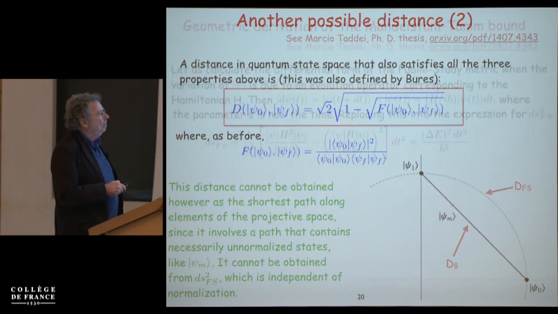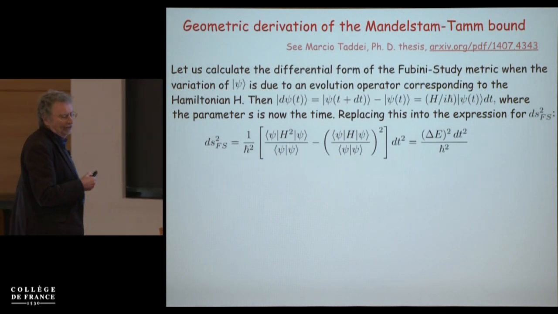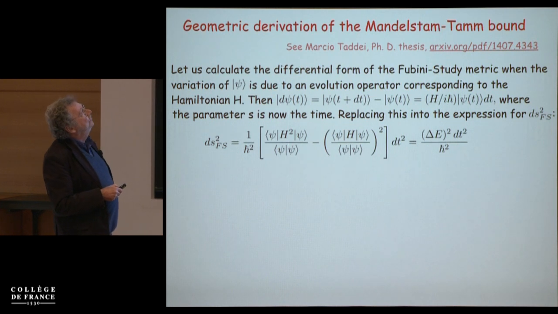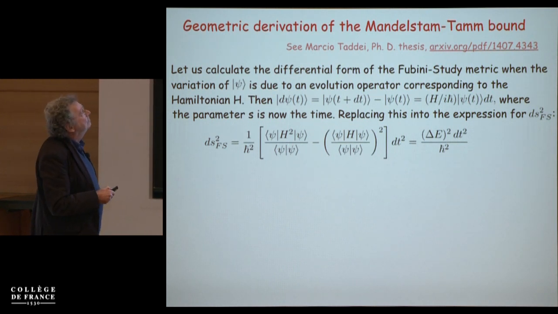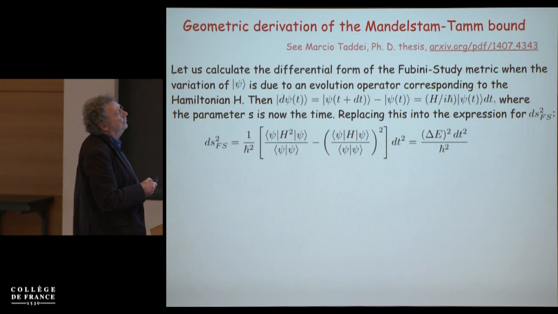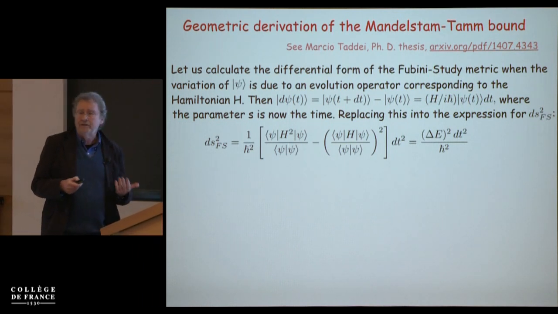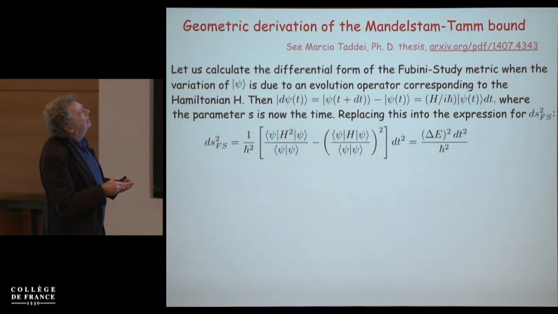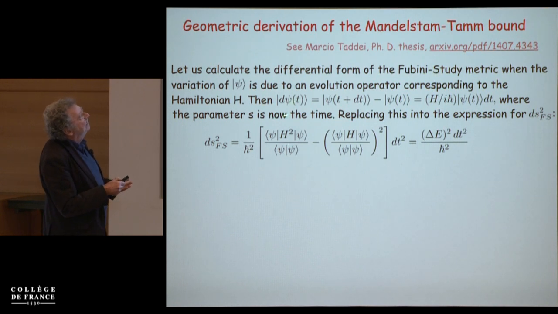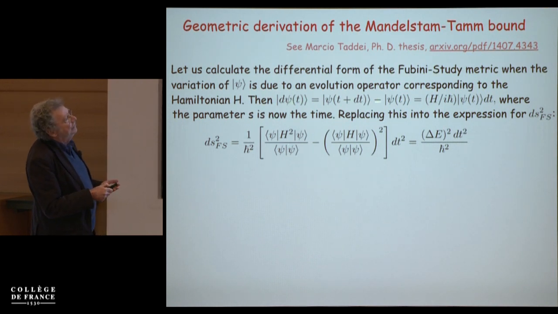Now let's go for the geometric derivation of the Mandelstam-Tamm bound. In order to do that, we consider now that the parameter x is time. Okay? So if that is true, then this variation of psi here is given by this expression here. And this we can write immediately by using Schrödinger's equation. It's the Hamiltonian applied to psi times dt.